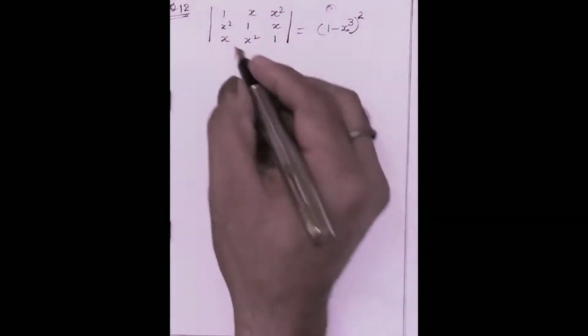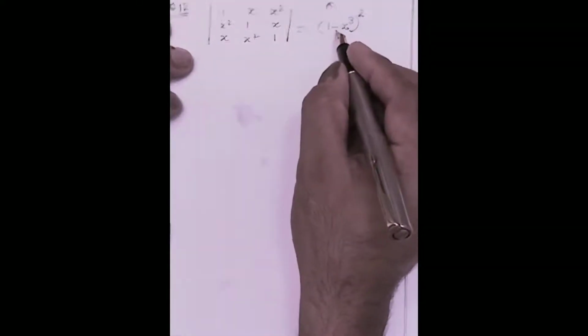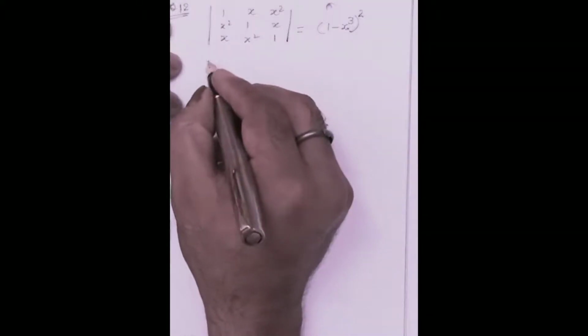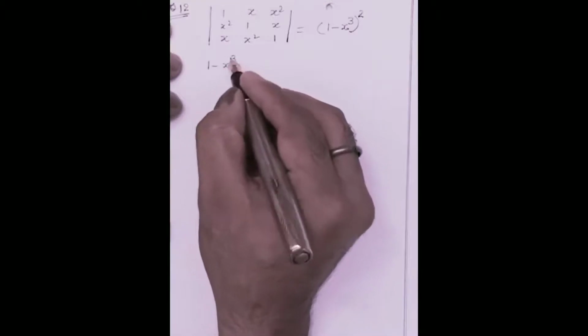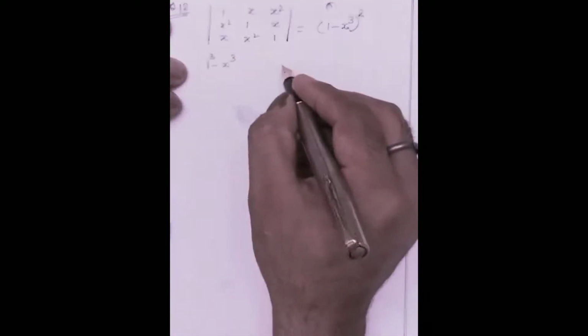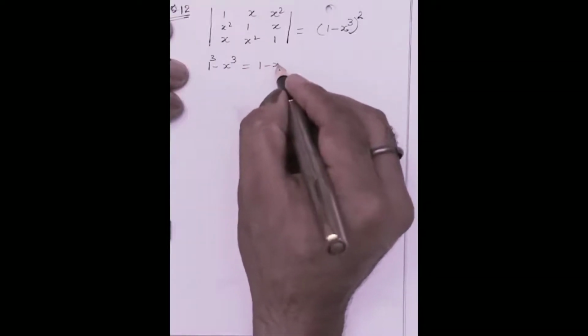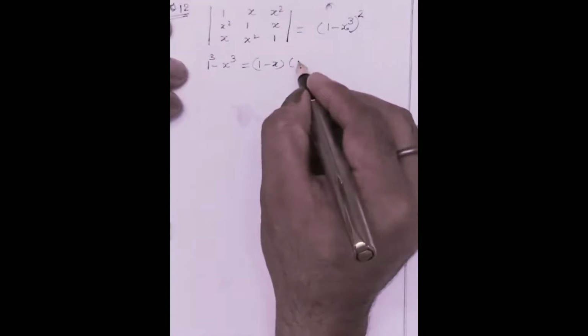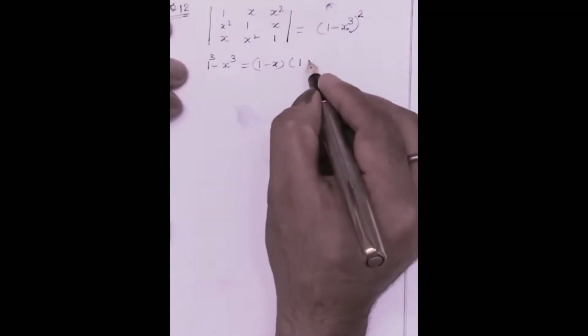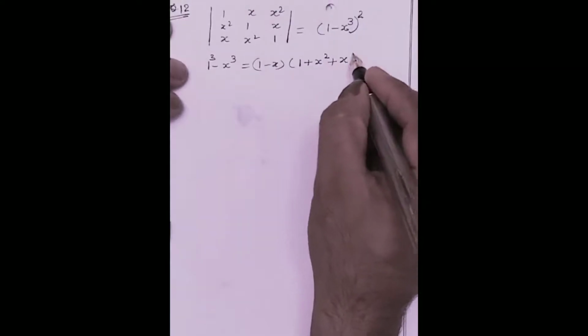So before we proceed, we need to understand one concept. What is our right hand side? That is 1 minus x cube. That can be written as a cube minus b cube. So for that, this identity is a cube minus b cube equals (a minus b) into (a square plus b square plus ab), with a as 1 and b as x.